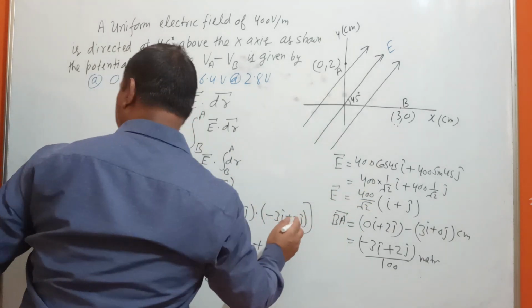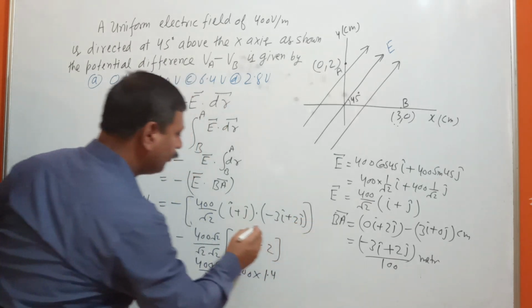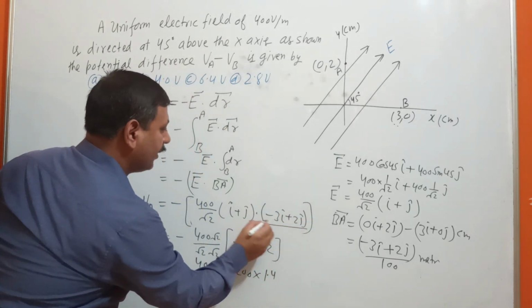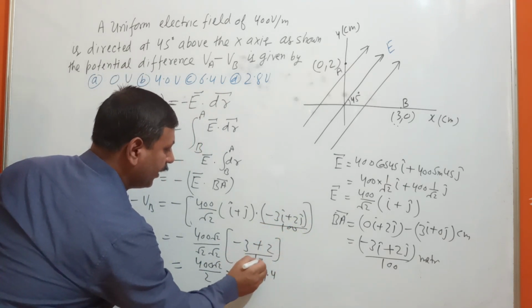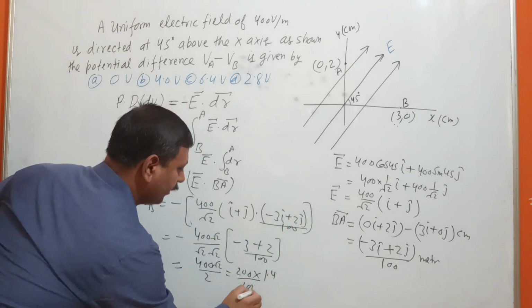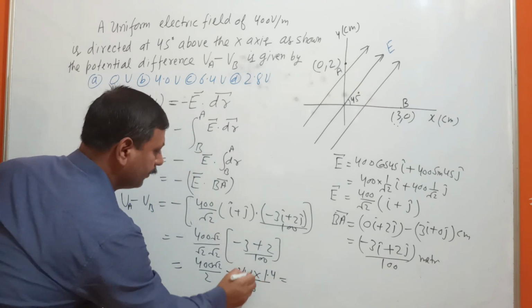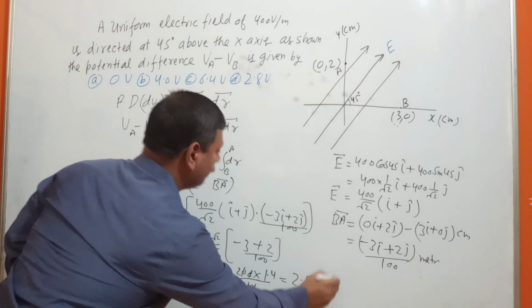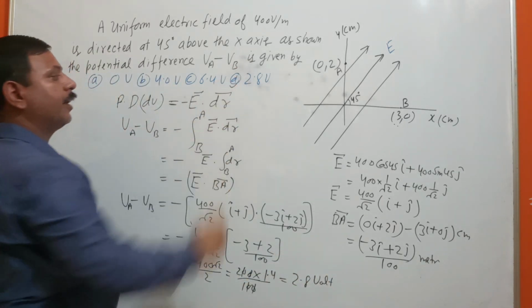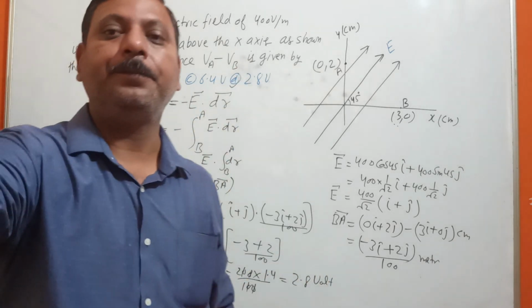So what do you put? This divided by 100. So this will come to 2.8 volt. So option D will be correct.